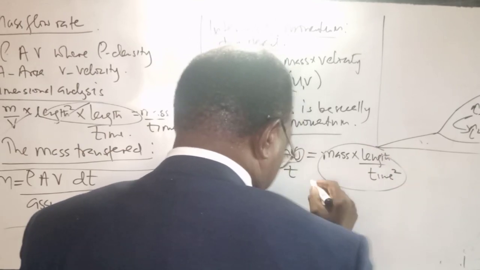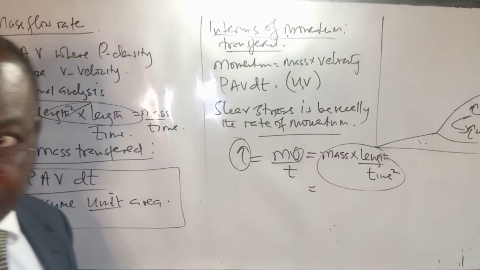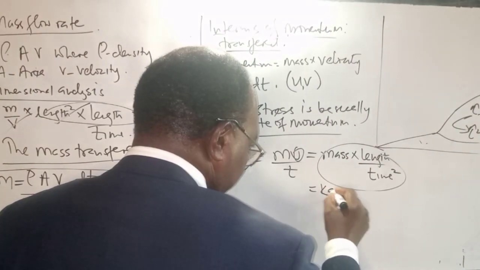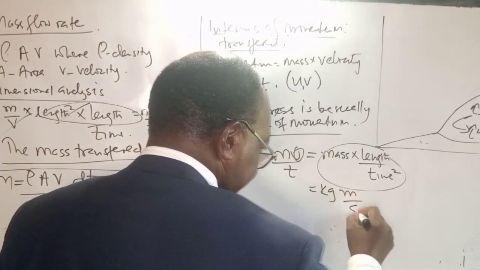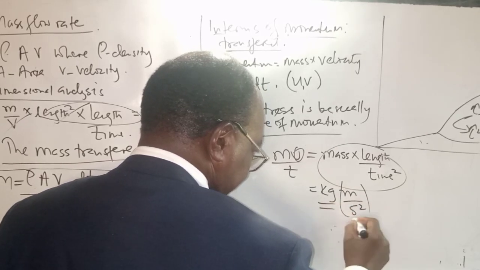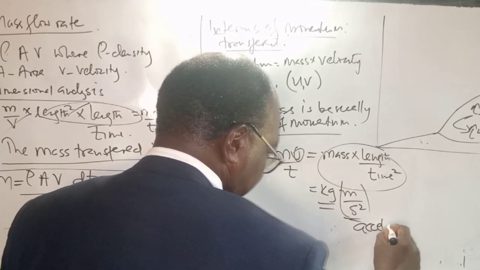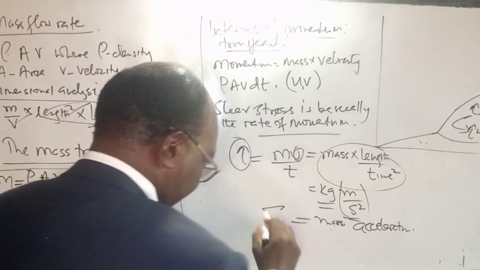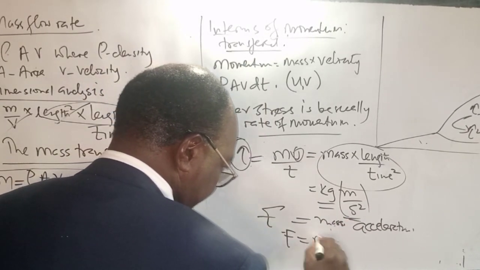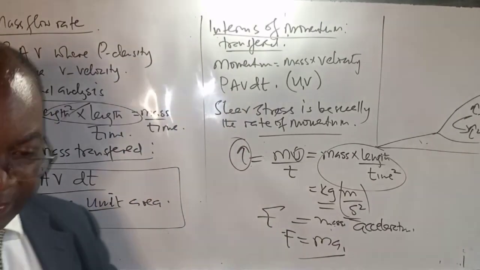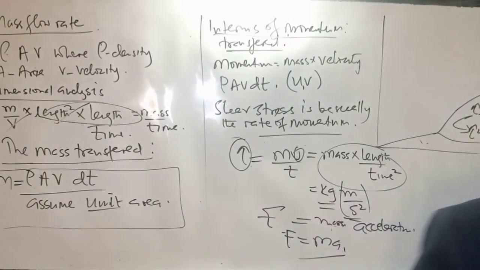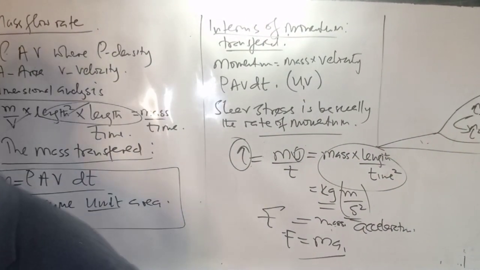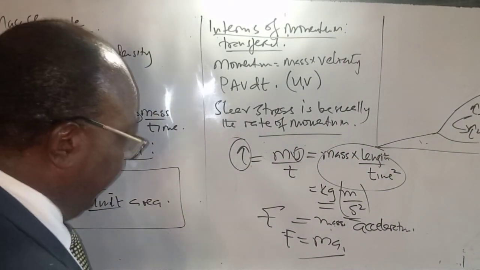So if you look at this, for example, in actual units so that you grasp what you're talking about, it will be kilograms, length in meters per second squared. And what is that? That's mass times acceleration, that is mass. And what is that? Newton. Since F equals ma. So that's shear stress. The system is like the rate of momentum or the momentum rate.